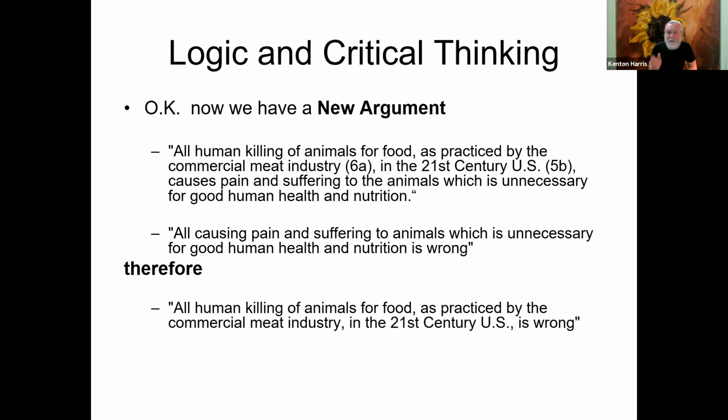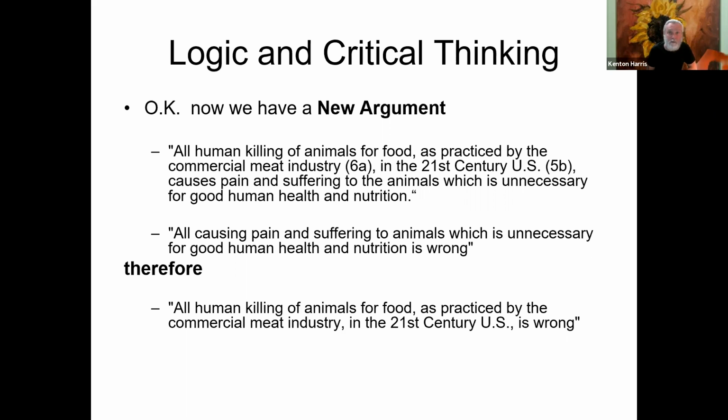Okay, so now we have a new argument, right? How do I know it's a new argument? More words, right? All human killings of animals for food, as practiced by the commercial meat industry, so that's trying to take care of objection number 6A, in the 21st century US, so we're not talking about the Inuit people in the Arctic Circle in the 1800s, we're talking about contemporary 21st century US individuals, right?